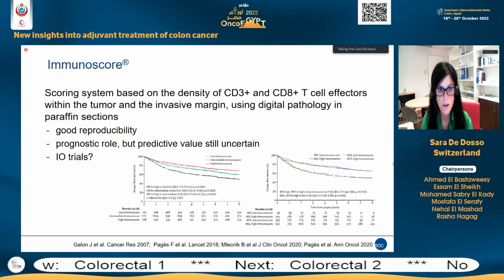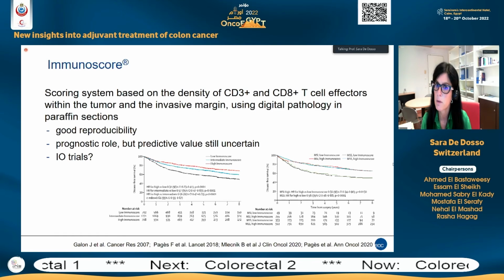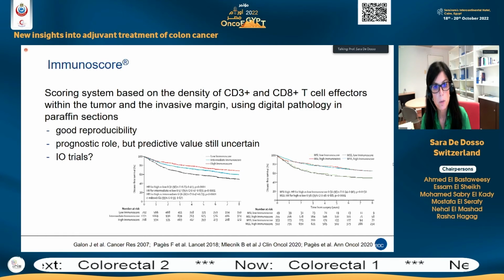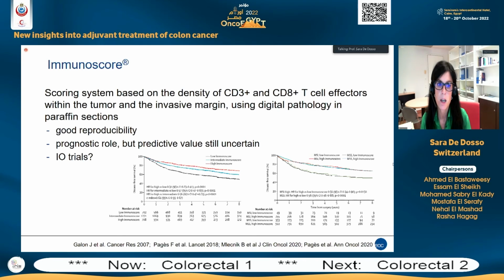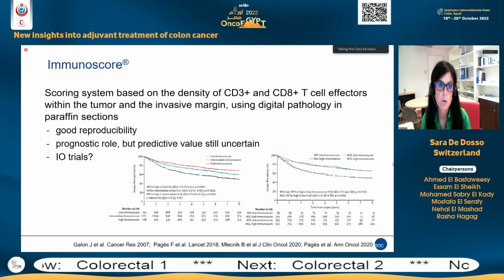The other scoring system is the immunoscore, which is based on the density of CD3 and CD8 T-cell effectors within the tumor and the invasive margin, using digital pathology on paraffin sections. So it is something that can have a good reproducibility.